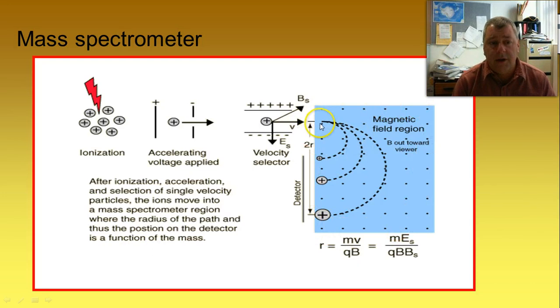Now, because they're all travelling at the same velocity, and we've got R equals mv/B, it will be the mass that determines the radius. And so the larger they are, the further they'll get out. So if you have your detector here, you can separate the ions according to their mass. And that's what we do in a mass spectrometer. A very sensitive instrument for doing that.